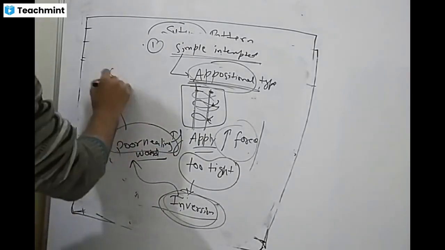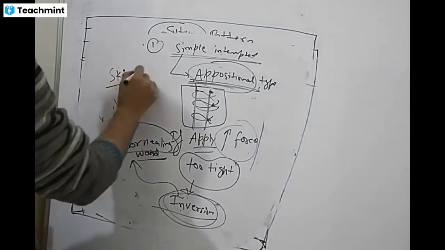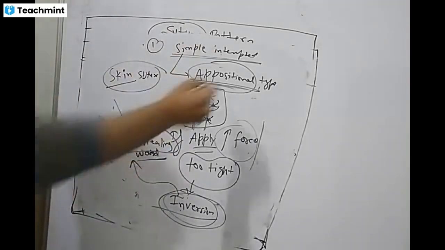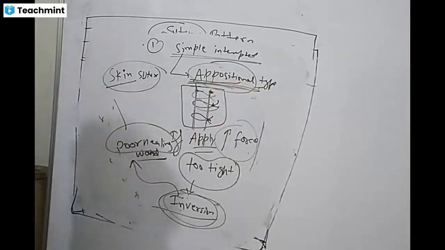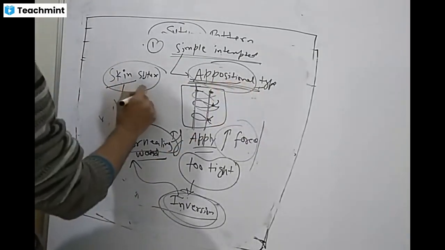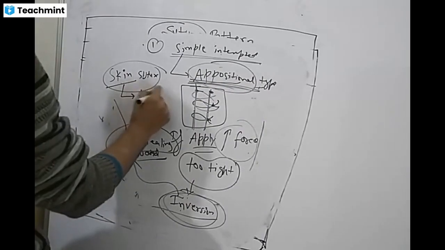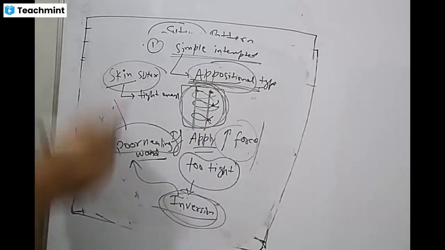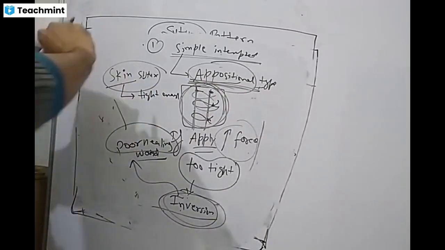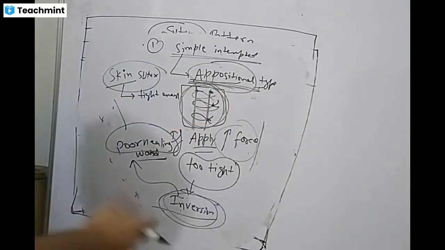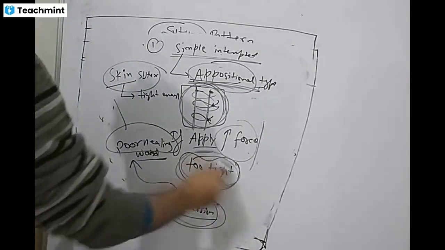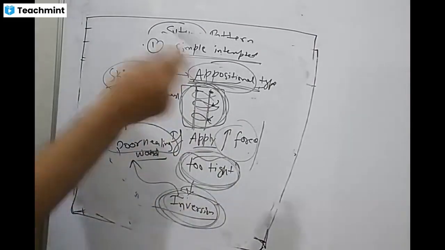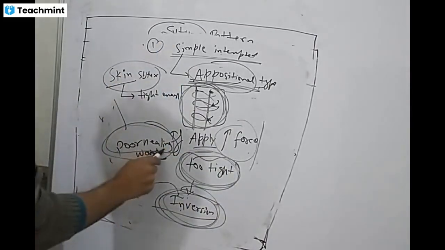So for skin sutures, if you are applying an appositional type, they should be tight enough that only apposition will occur. If you tie them too tightly, then inversion will occur, and because of inversion there will be poor healing.